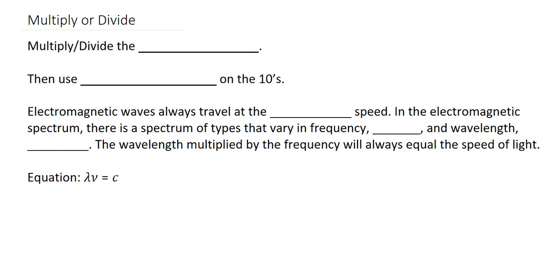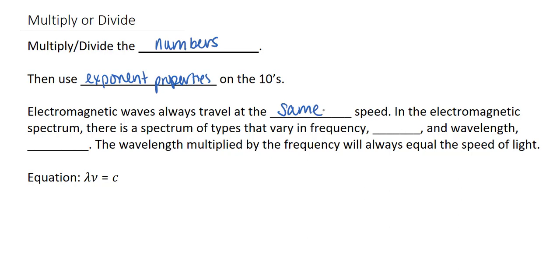Multiply or divide. So we're going to multiply and divide the numbers, then we're going to use exponent properties on the tens. The other thing we're going to continue to look at is that electromagnetic waves always travel at the same speed.